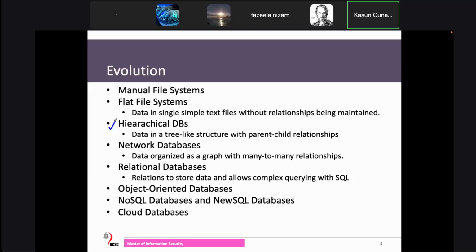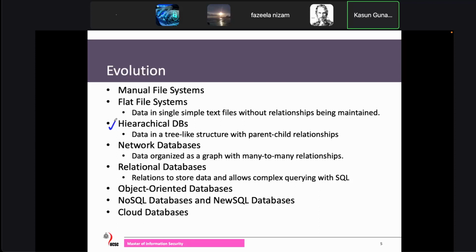However, a child data record can have only a single parent. So that is how the initial level of relationships among the data was introduced, or the requirement of relationships among data was addressed. So they initially proposed tree-like structures.